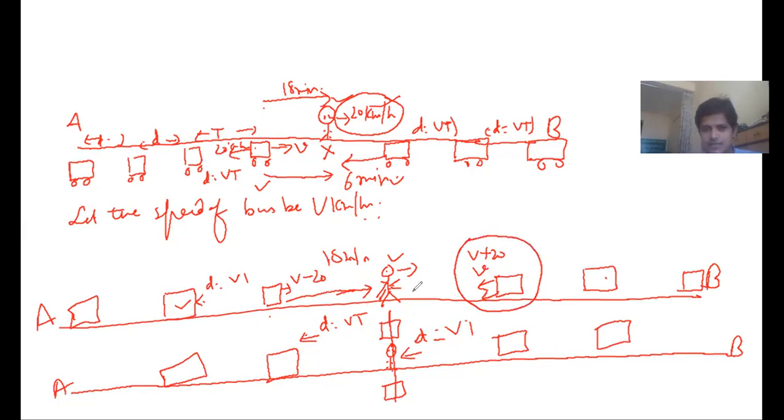So with respect to this observer, I can write d as v minus 20 into 18 by 60, bringing it in hours. And with respect to this observer, buses from B to A have the same distance d as v plus 20 into 6 by 60.